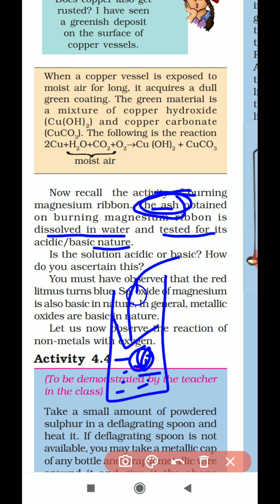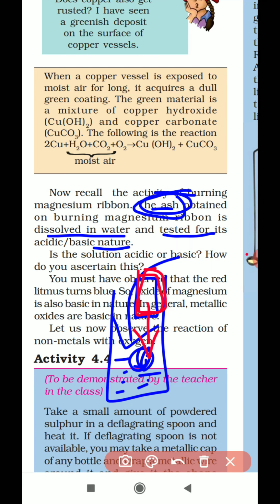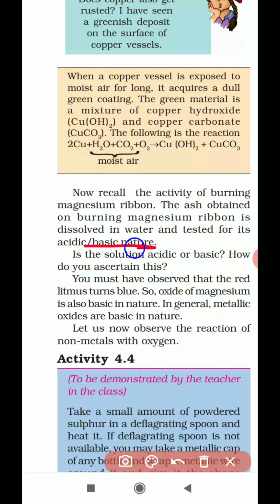When I dip the red litmus paper inside this test tube, your red litmus paper will turn blue, which indicates that the ash we obtained when we heat a magnesium ribbon is basic in nature.